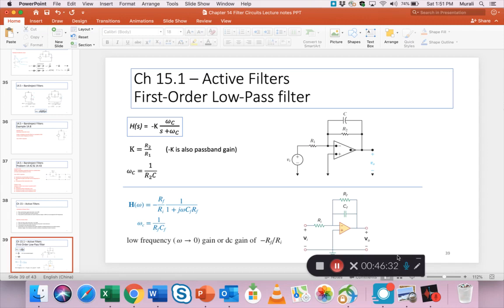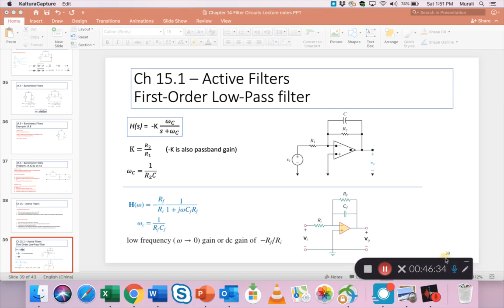It's basically the same material, top and bottom, and I'm on slide 39, by the way. The top is from our textbook, the bottom is from another textbook. But basically I wanted to show you how the circuit is drawn.